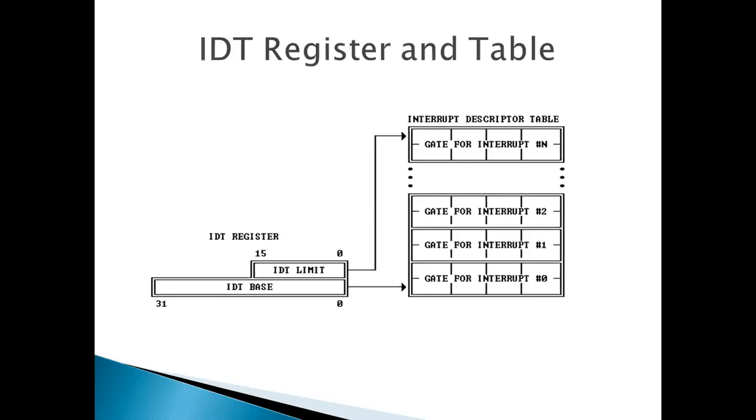There we will have the IDT base and limit, which is 32-bit, and out of that 16-bit is the limit part, maintained in the form of a descriptor. When we saw the TSS descriptor also, it was maintained with a limit field, offset and selector. Both are maintained and these values will be updated accordingly.